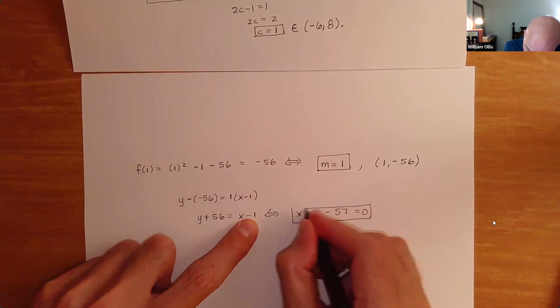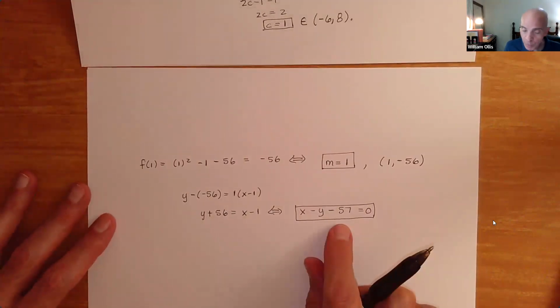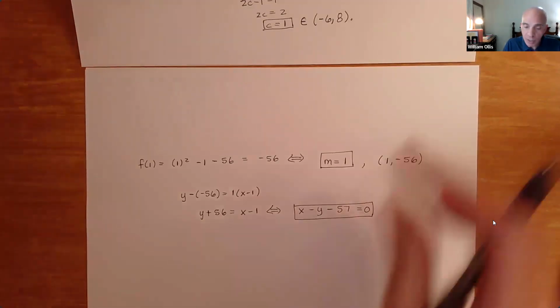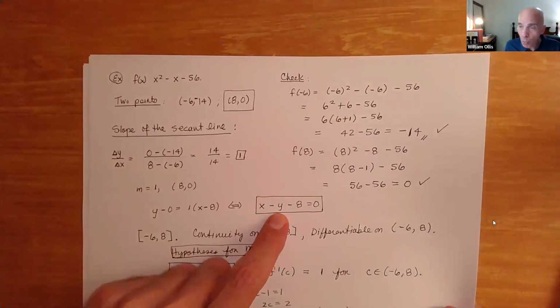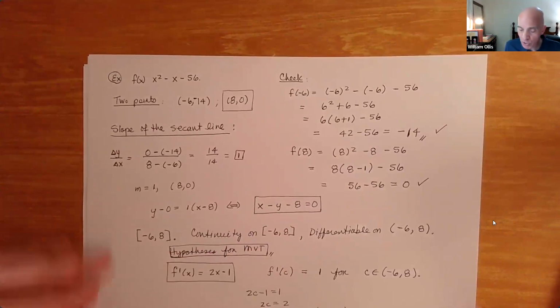When you're doing these problems, it does not matter what form you write them in. The problem may ask you to write them in this form, or maybe to solve for y. Whatever the problem requests, that's what you should do.